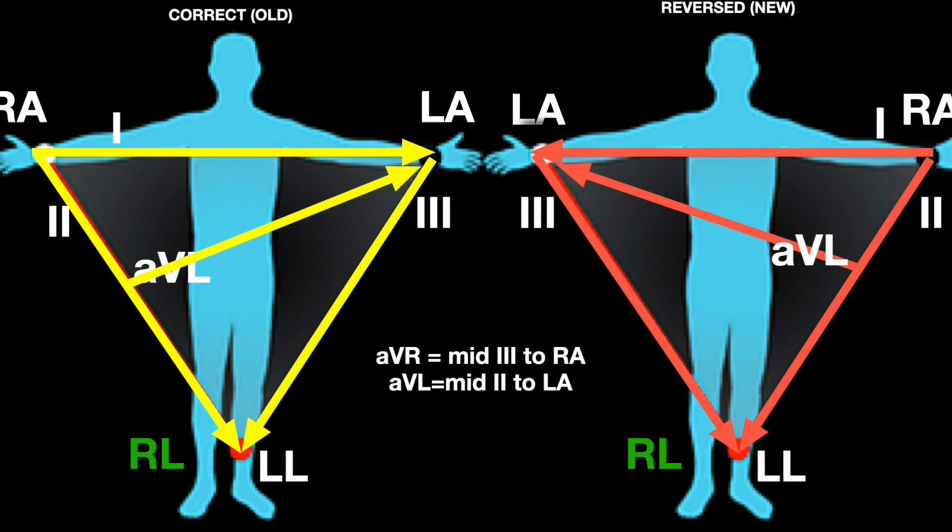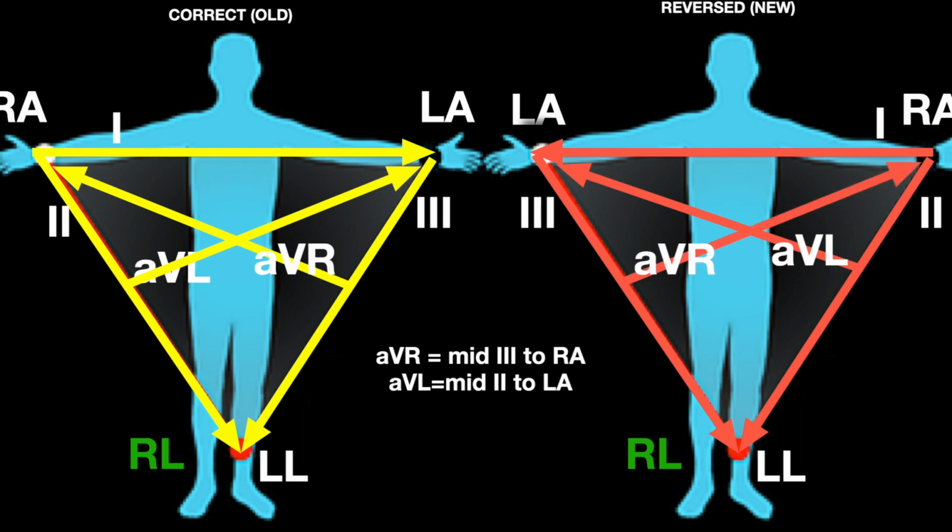Again, by definition, we call the signal from the middle of lead 3, or the path of lead 3 right here, or in this case right here in the normal one, pointing toward the RA electrode, AVR. So normally it would look like that. It flips over in this way, still going the other direction, excuse the graphic.